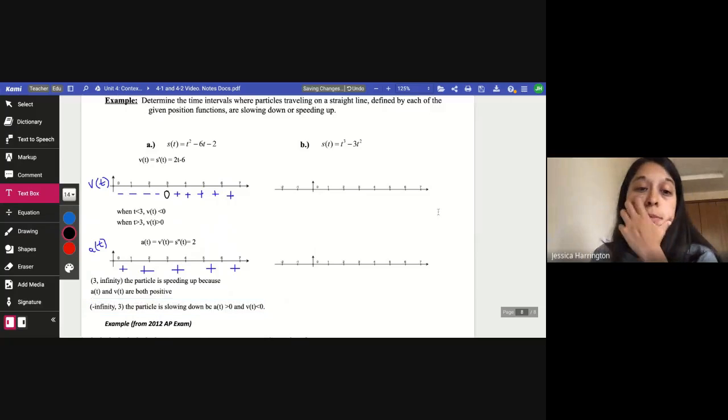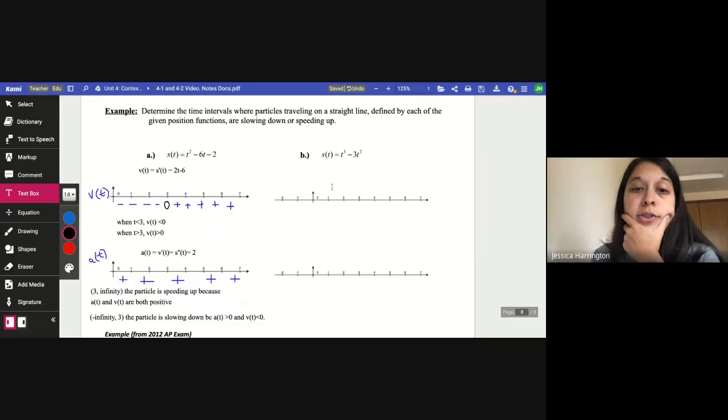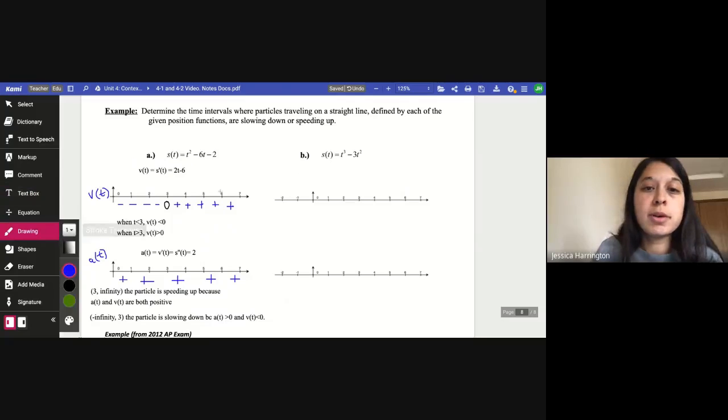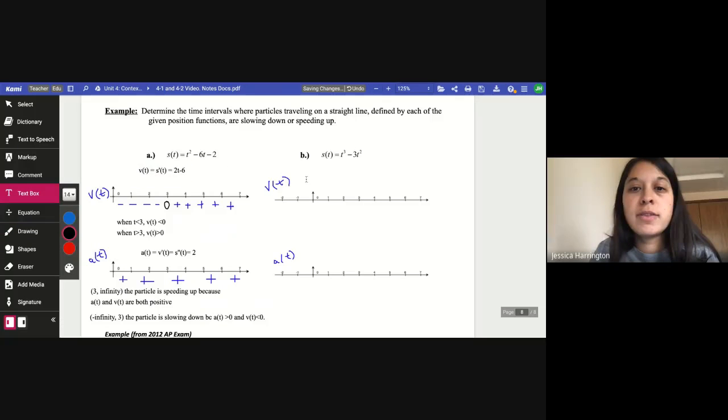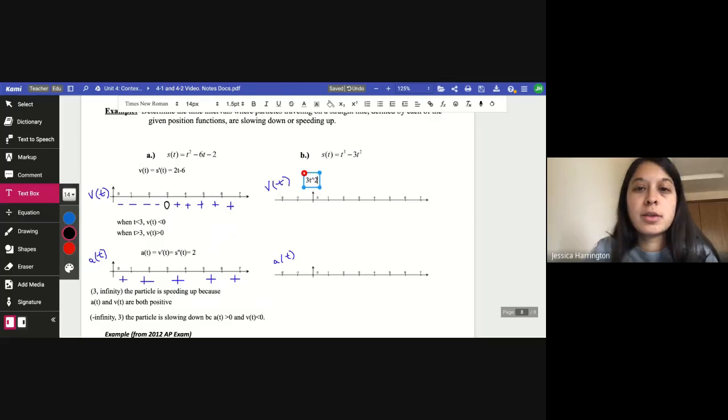Okay, so let's do the same thing over here. If you want, you can pause and do this on your own and see if you get the same answer as me. So I'm going to label this v of t. I'm going to label this one a of t. Okay, the derivative of this function up here is going to be 3t squared minus 6t.